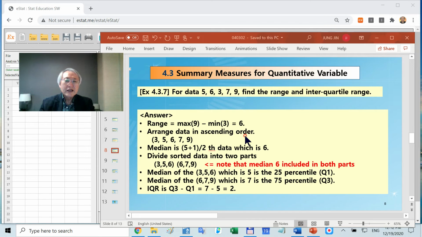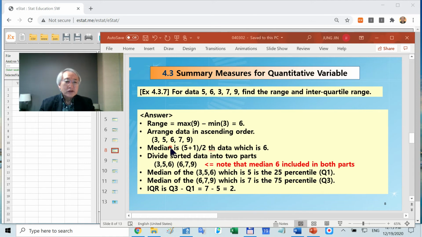Let's calculate one example. Suppose you have only this data. How can you find the range and interquartile range? Range is so simple. From the maximum, subtract the minimum, it will give you 6. To calculate the interquartile range, you first arrange in ascending order like this.